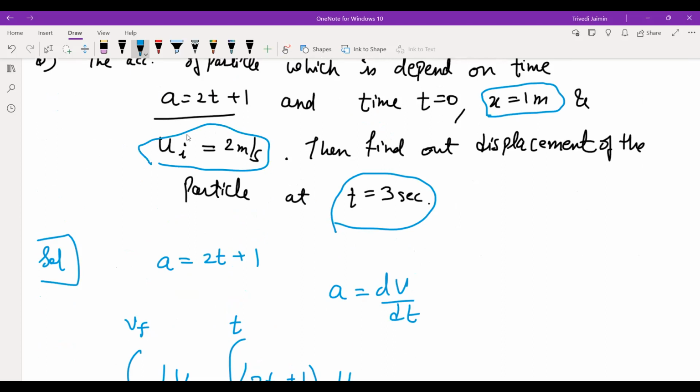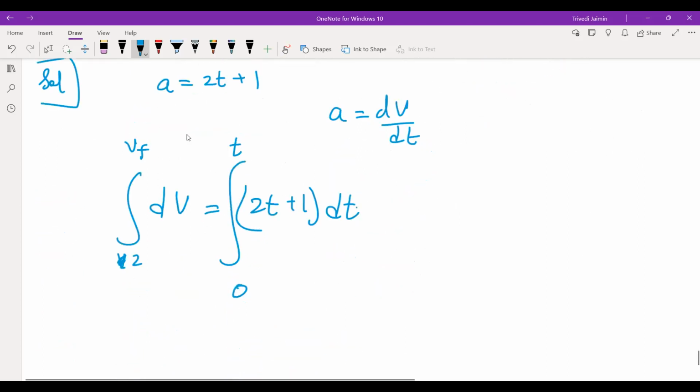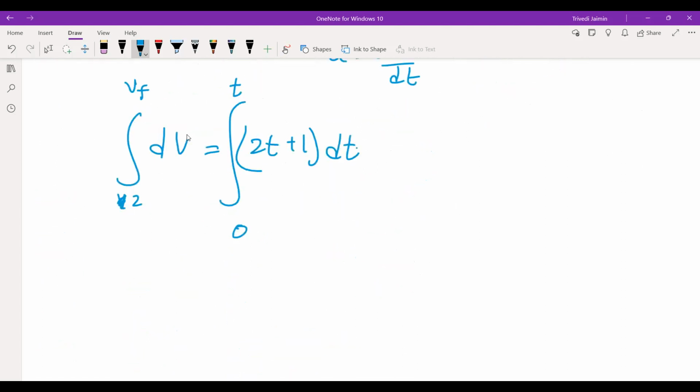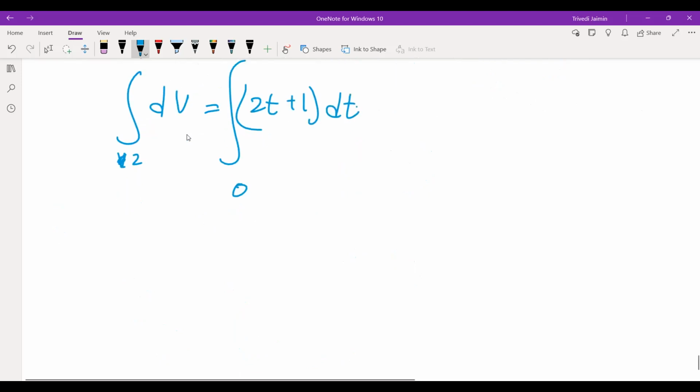So this condition we have fulfilled, but we still didn't fulfill this other condition, so we need to wait for that. Let's keep it as t. Anyhow, we're substituting t in place of t only, so not a problem. So v final minus 2 equals to t square plus t, so v final equals to t square plus t plus 2.